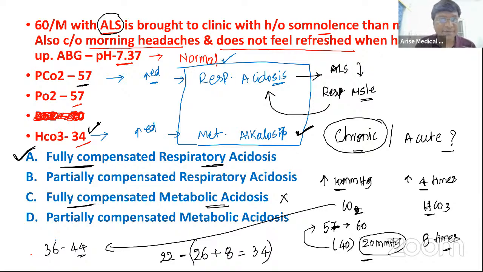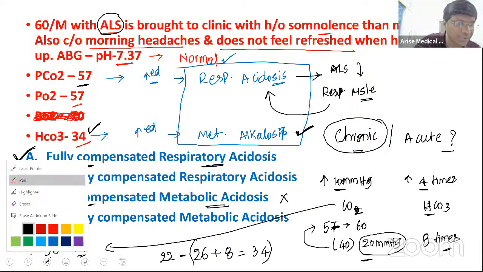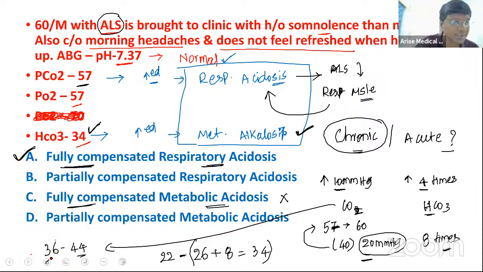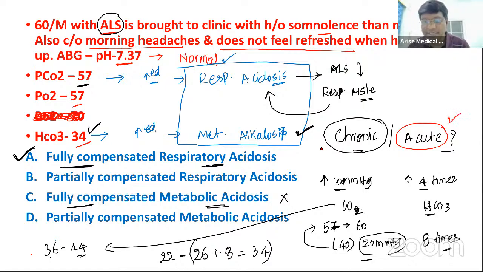So now what type of respiratory acidosis is this? Chronic respiratory acidosis. Whereas in case of acute, sir, you did not tell us what will happen in acute. I will tell you. In case of acute, for 10 millimeters of mercury rise in your carbon dioxide levels, there will be an increase in bicarbonate level by 1. In acute, bicarbonate increases by 1 for every 10 millimeters of mercury increase in your carbon dioxide.